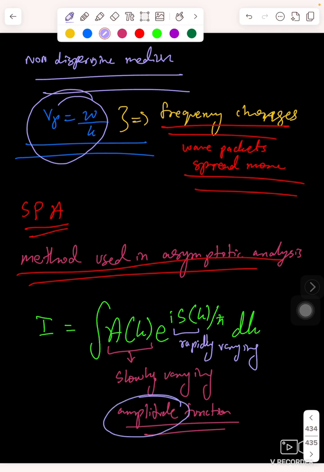This was an amplitude function, and this is a phase function.